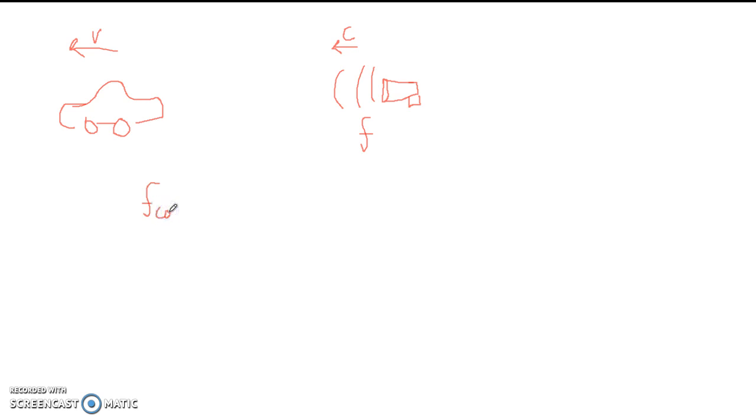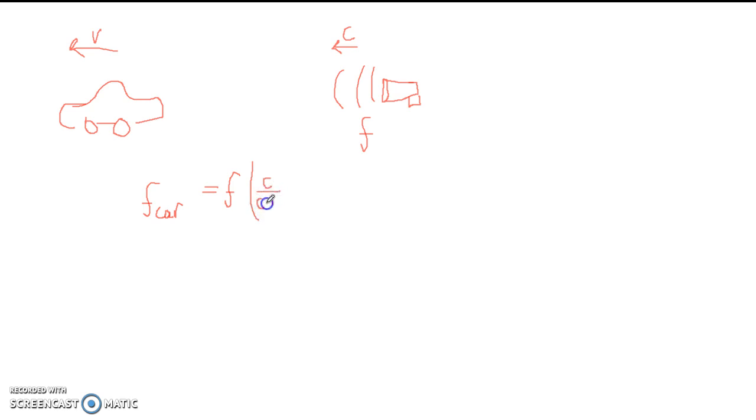So the frequency that the car receives, well, it's going to act like a moving observer. And because it acts like a moving observer, it's going to be equal to the frequency emitted by the radar gun, and we're going to use c over c plus v here.